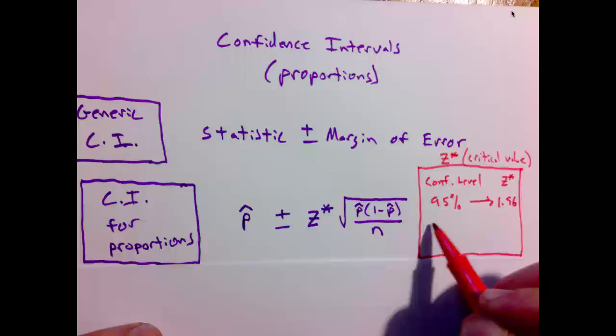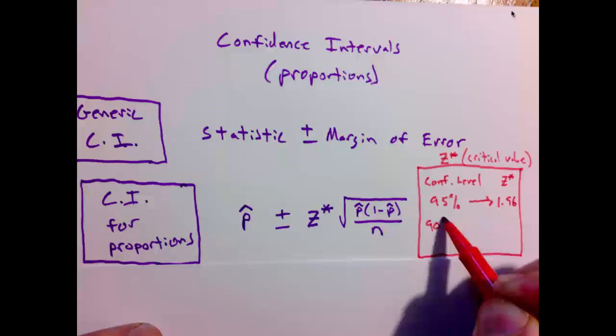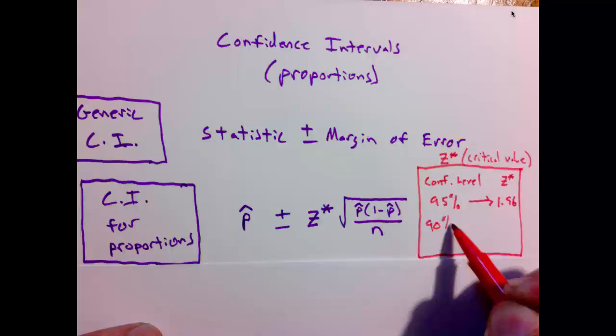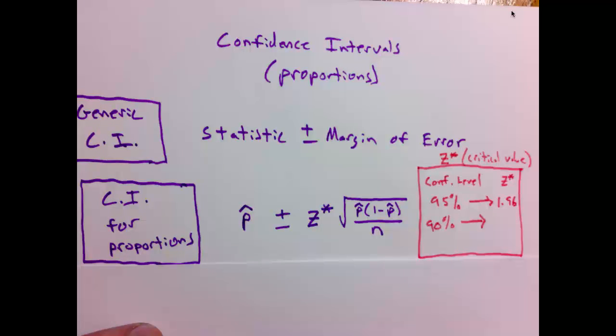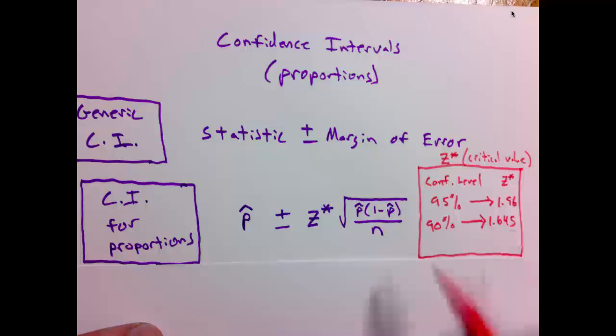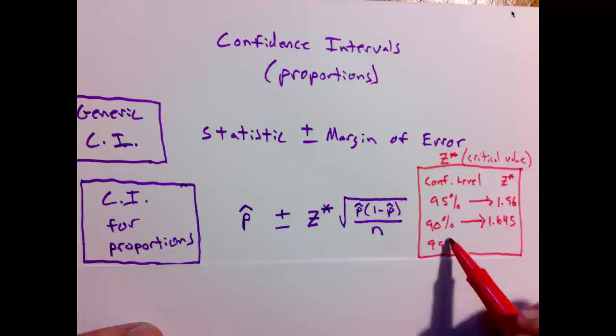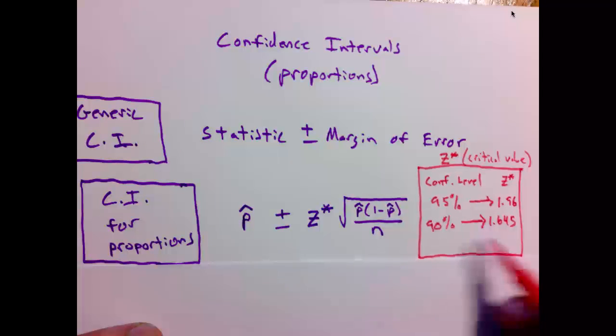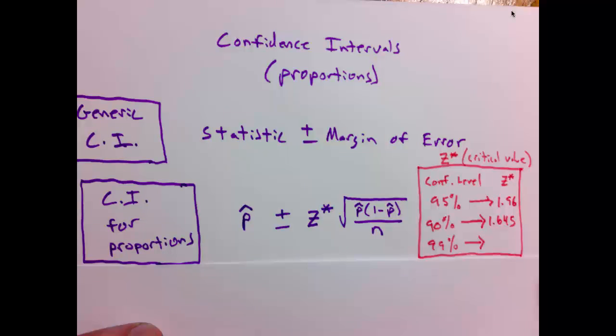We might use 90%, and the Z star for 90% is going to be 1.645. Notice 90% gives us a smaller Z star to multiply by. If we're going to be 99%, that's being substantially more confident, so we need a larger number to multiply by.